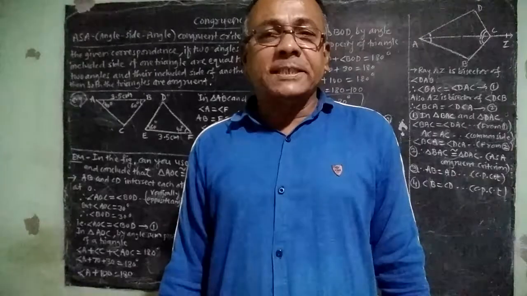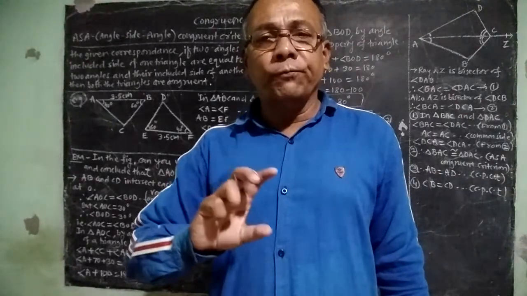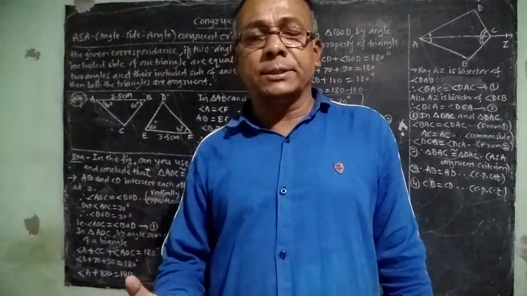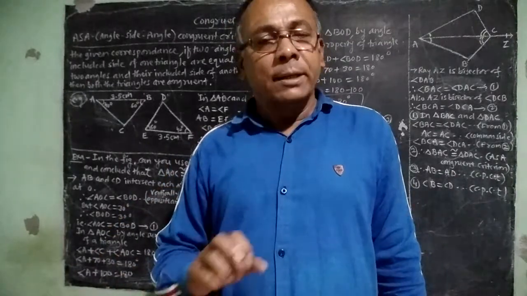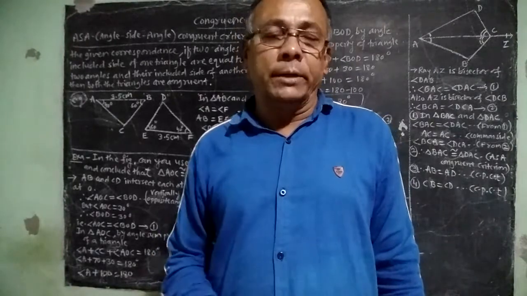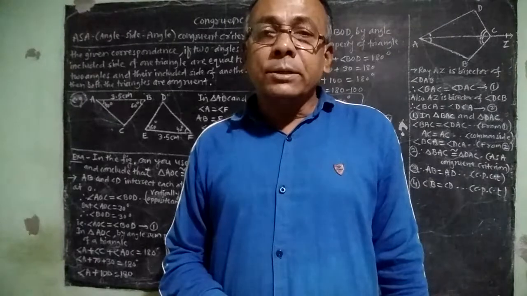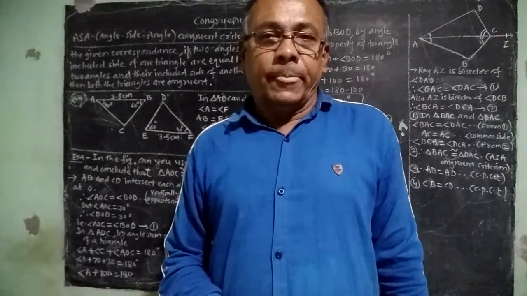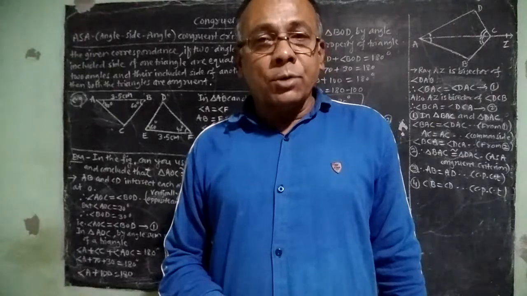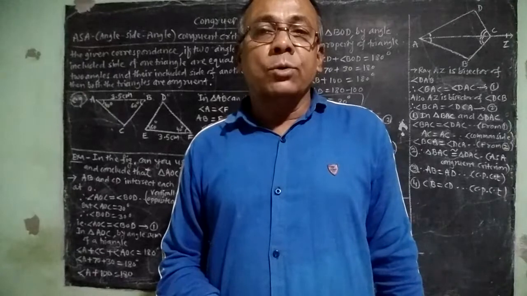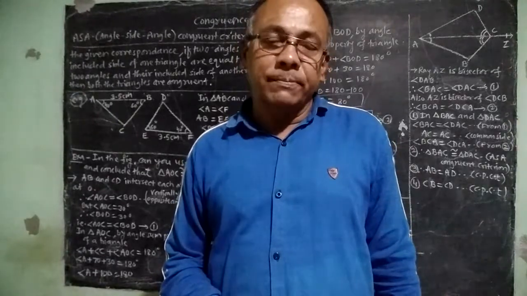Only specific three parts of one triangle being equal to corresponding three parts of the other triangle is enough for the two triangles to be congruent. And these conditions are known as the criteria of the congruency of two triangles.